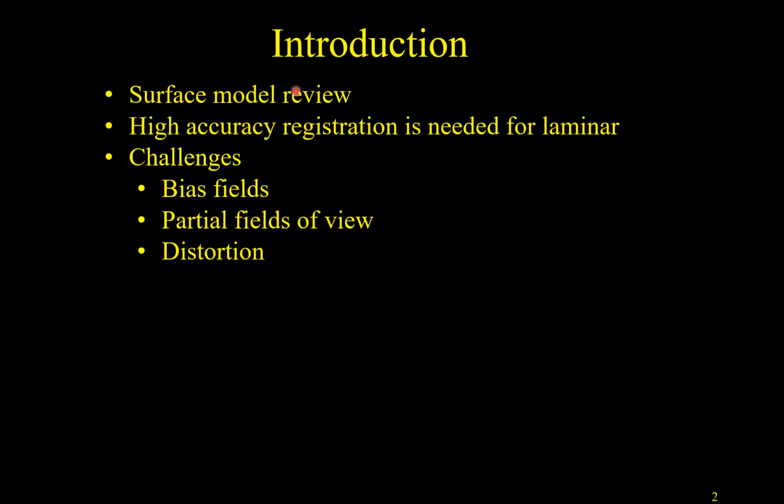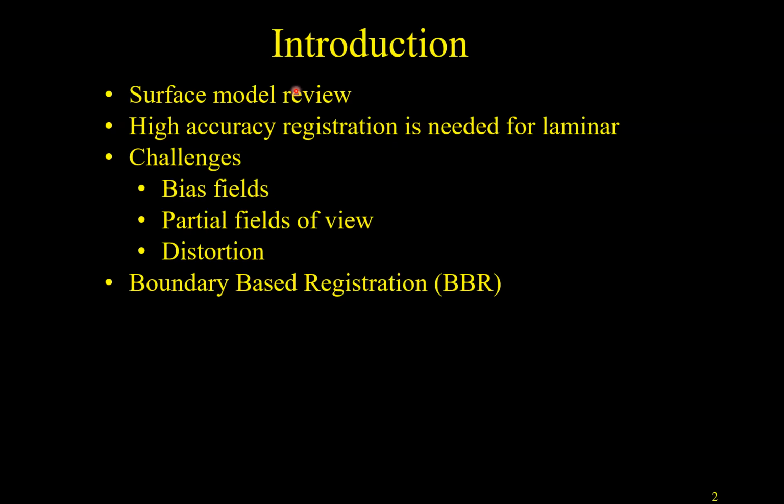When you're scanning at very high resolutions, you often have partial volume, or partial fields of view. So you're not collecting an entire brain, you're collecting a slab of an entire brain. And so registering a slab is going to be harder than registering a whole brain. And then, of course, you have distortion issues when you have fMRI, B0 distortion, maybe other kinds of distortion that you don't really even know about.